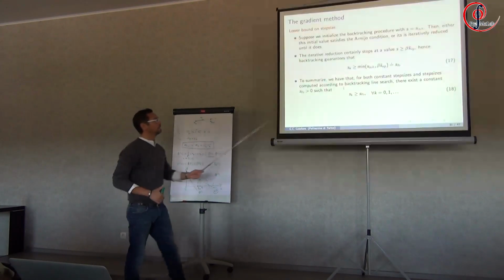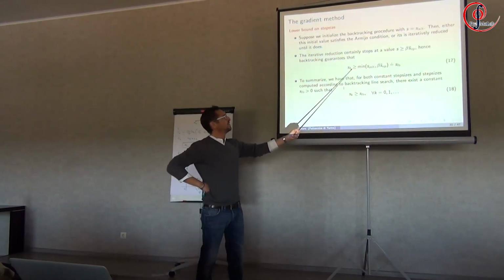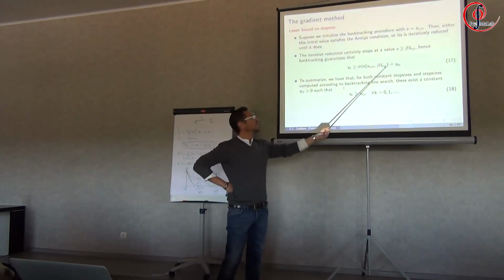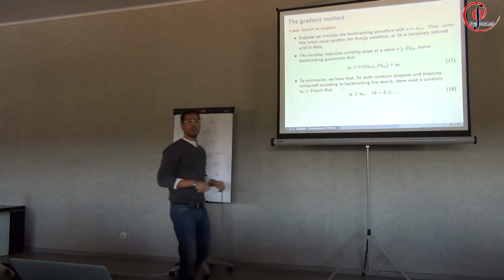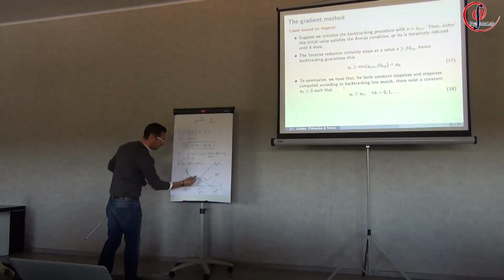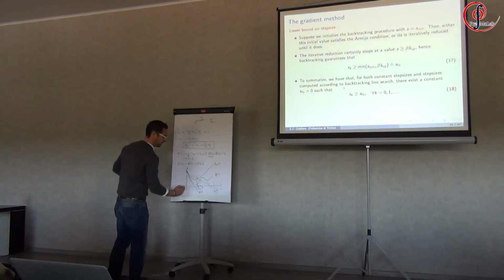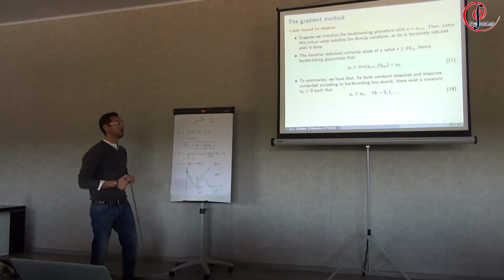So Sk now is lower bounded by some number. It cannot be smaller than some quantity which is here, and this avoids going in this region too close to 0.